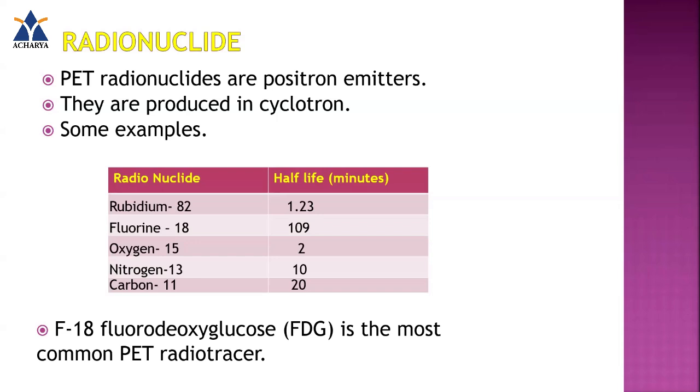So we are using fluorine-18 in the form of FDG. What is FDG? It is fluorodeoxyglucose. That radioactive substance is getting combined with the glucose molecule, so that the metabolism takes place in the particular organ of interest.